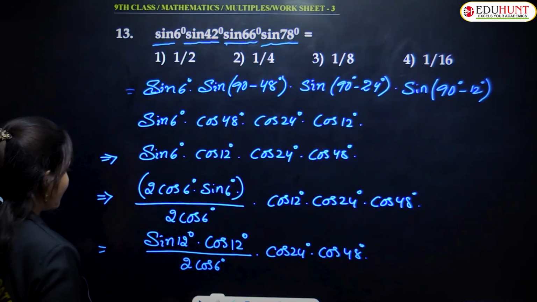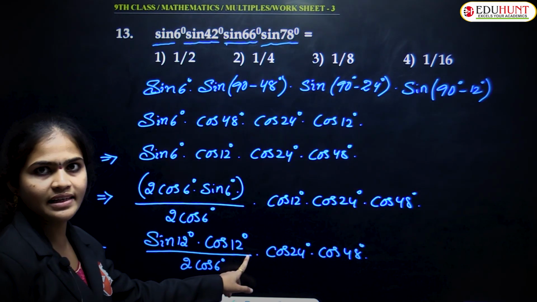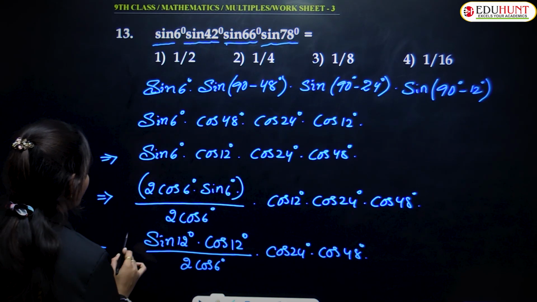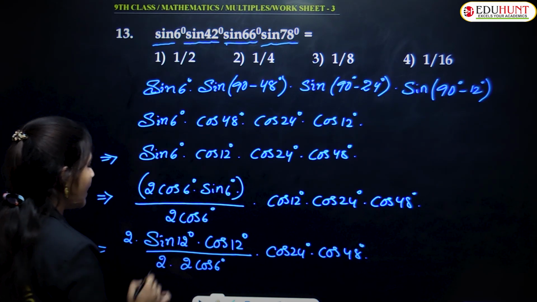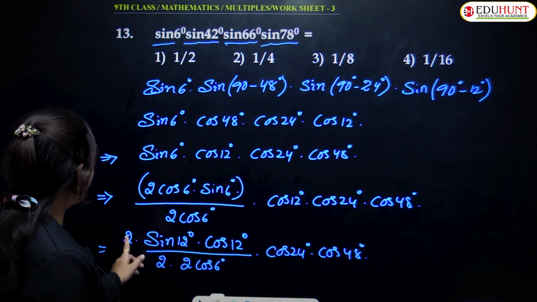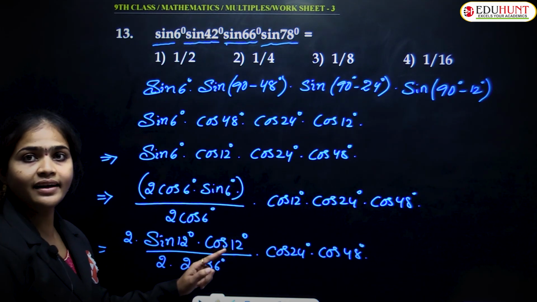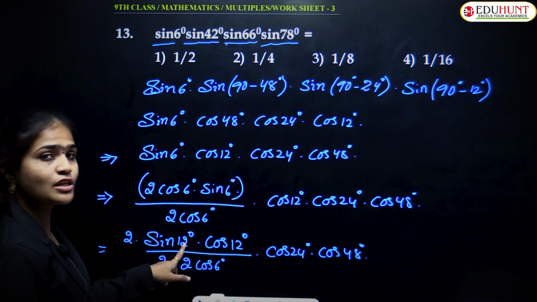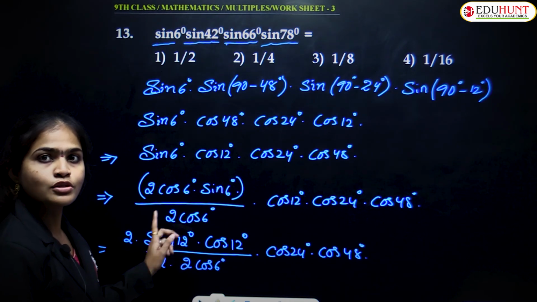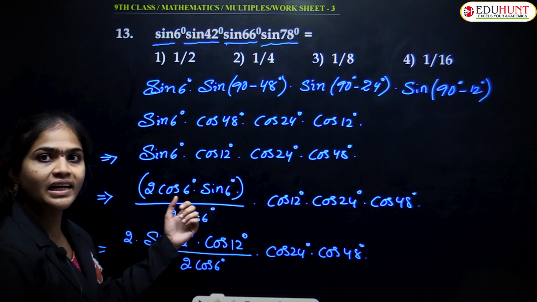So, just observe that here again sin theta cos theta is there. So again we can multiply and divide by 2. So 2 sin theta cos theta is sin 2 theta. In place of theta we have 12, so 2 into 12 is 24.